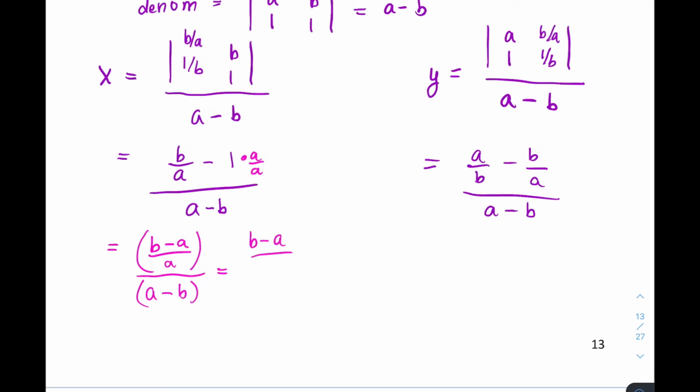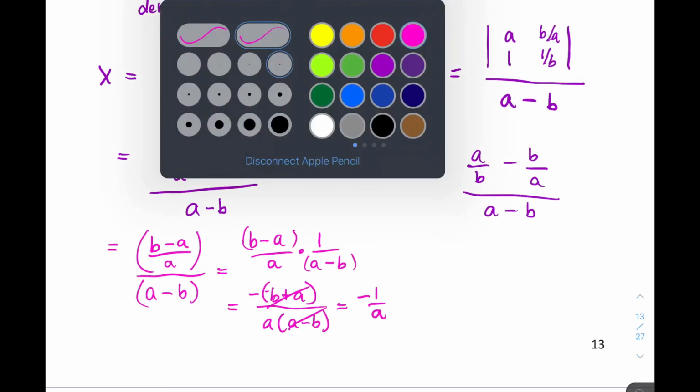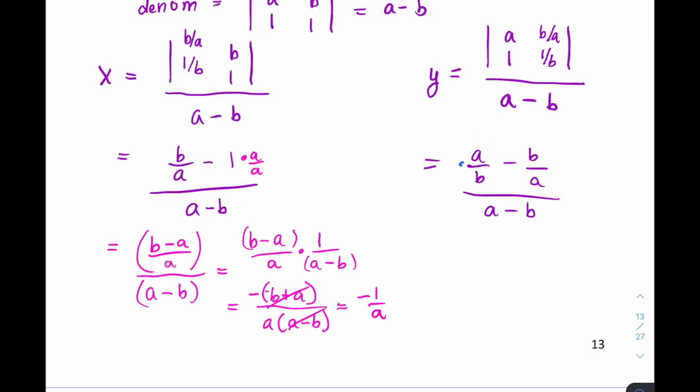So I have b minus a over a times 1 over a minus b, which may look like you're done if you just squish that into one fraction multiplying across, but we can actually simplify, because if you remember, you could factor out a -1 and then have matching factors of a minus b that divide out to 1, so you'd end up with -1 over a.